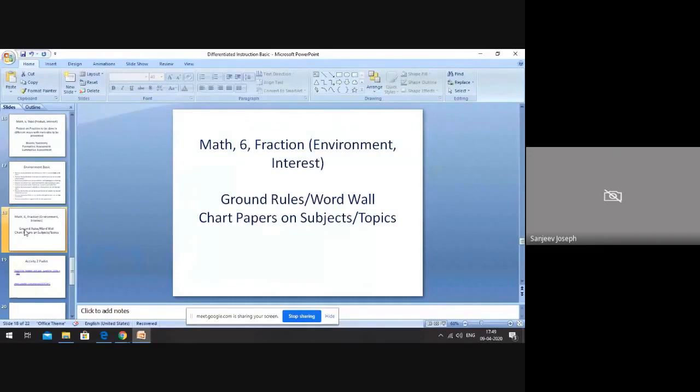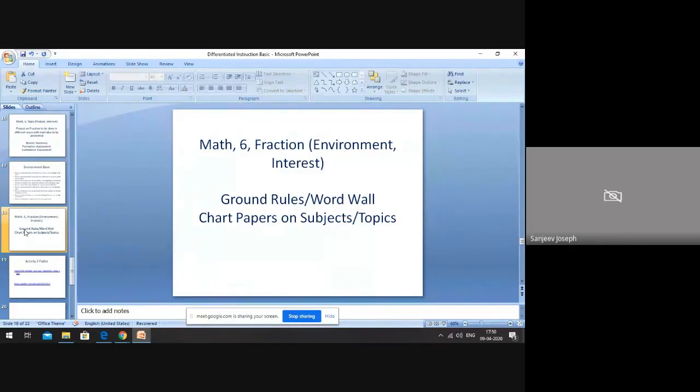Many schools call them golden rules, and we use them to make the environment very conducive for learning, so that it is not only very attractive and differentiated with the subjects and topics, but it is also about the ownership which we create for the child, who feels that he is owned by the teacher, and the teacher likes me, whoever it is, and that is why he wants to learn in that environment.